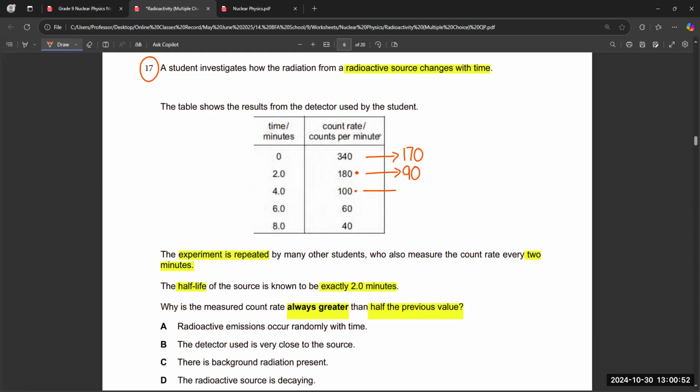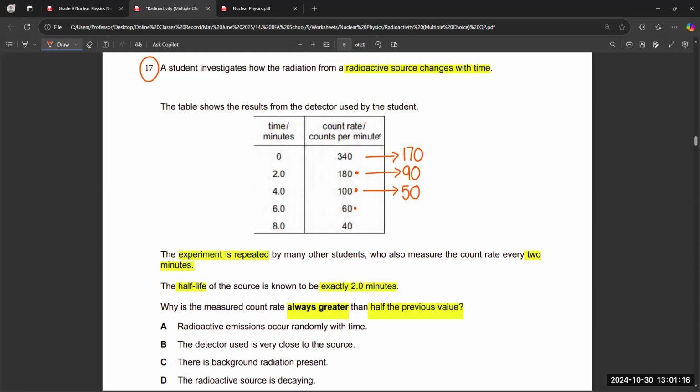And for 100, if we perform half-life, the value will be 50, but we are getting 60. So we are always getting 10 more than expected. Why are we always getting 10 counts per minute greater than the original value? This is the question.